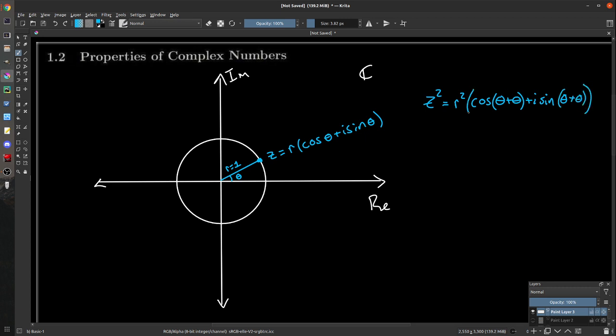I'll put that all in parentheses. That's just what we were just looking at. Okay, cool. Well, what is this? If I square R, R's 1. This is just cosine of 2 theta plus i sine 2 theta. Oh, how about that? That is kind of easy.